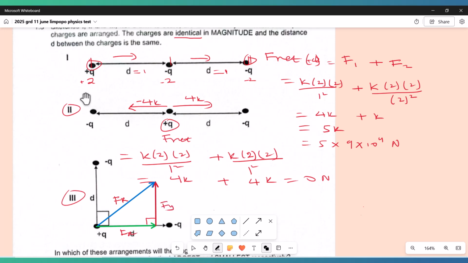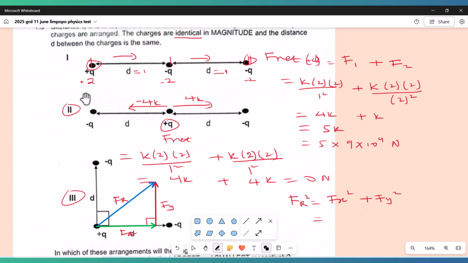Because it is a right angle triangle, my net force or resultant squared is given by Fx squared plus Fy squared. Let's find out here now.